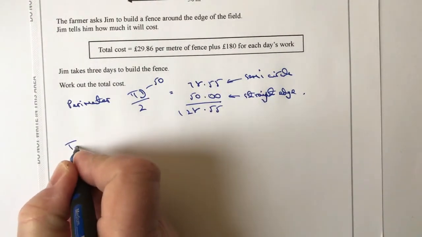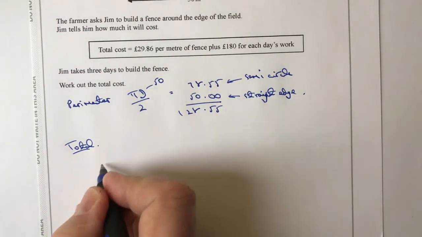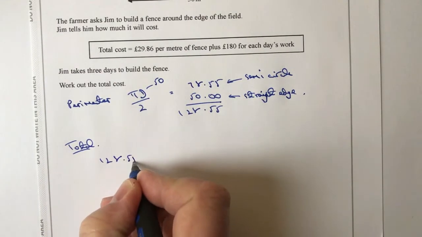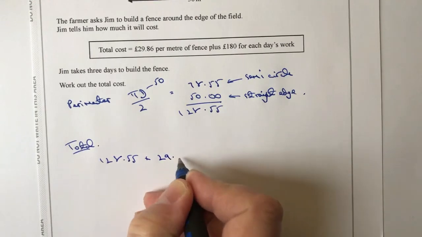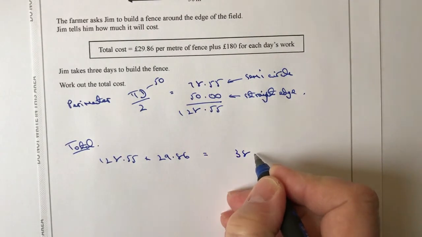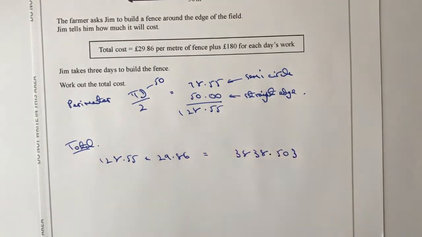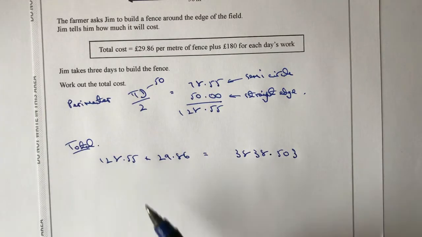The total is going to be the meterage, 128.55, multiplied by 29.86, which is the cost per meter, and that's going to give you 3,838.503. I know I've gone to 3 decimal places there, but it'll be okay in the end, bearing in mind I'm using the value of pi on my calculator, which gives a higher level of accuracy.